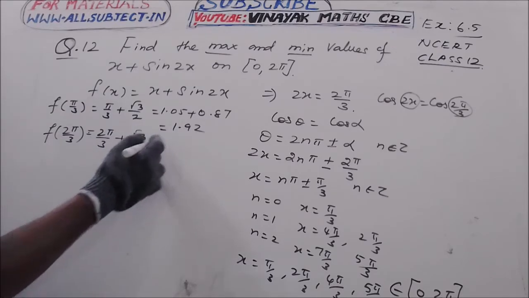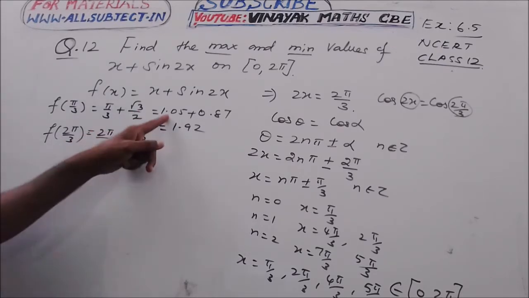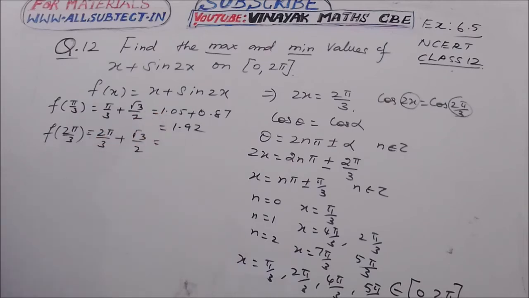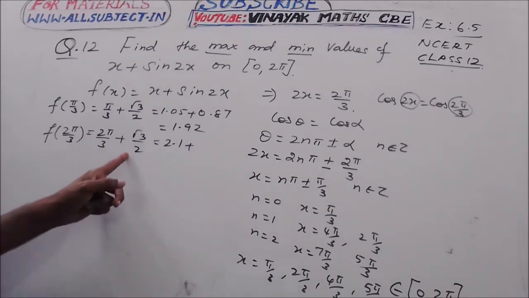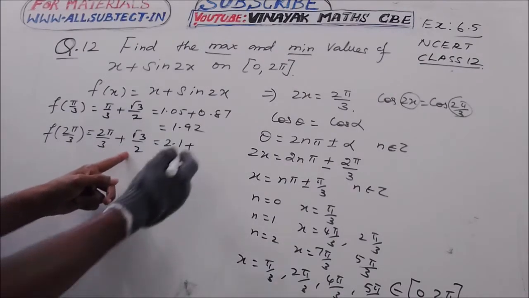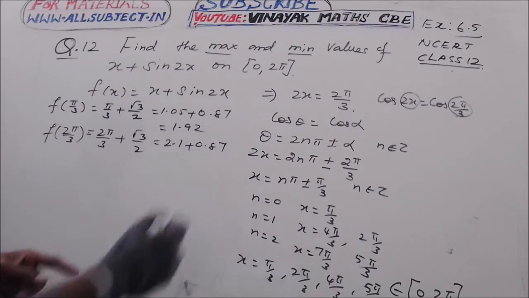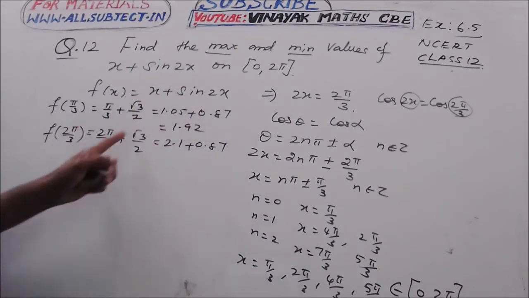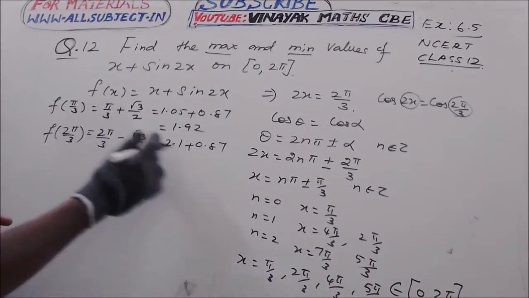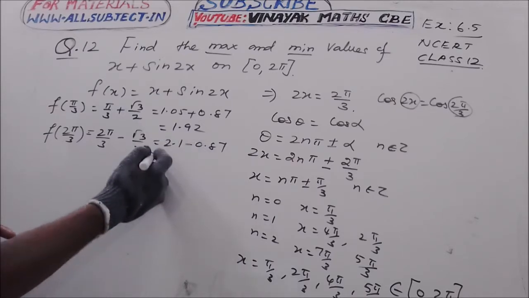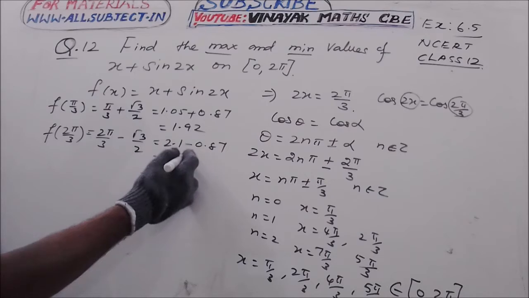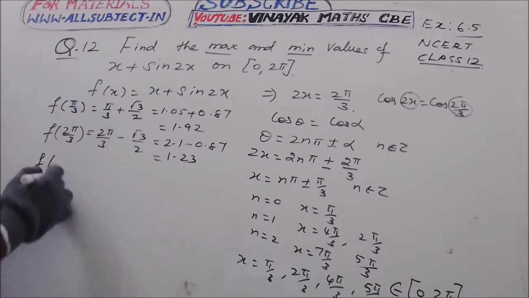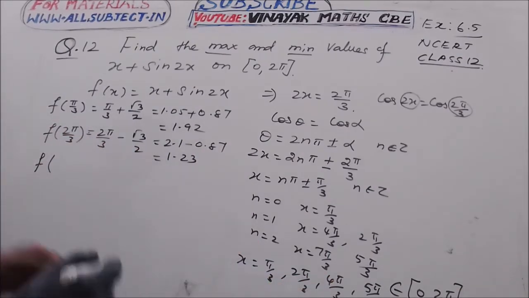Simplifying, 2 pi by 3 is 2.1, plus root 3 by 2, 0.87, but the sign is negative, so subtracting, 2.1 minus 0.87 is nearly equal to 1.23.